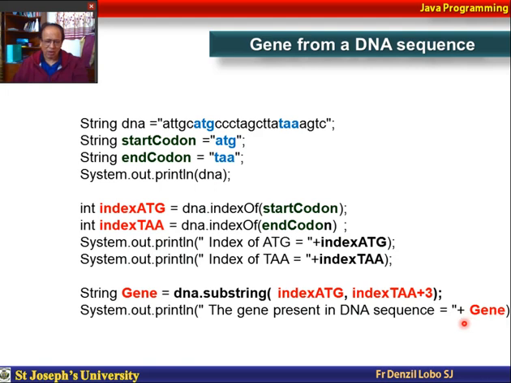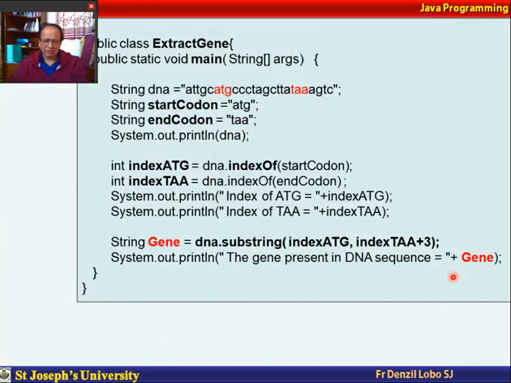So this is how we are going to extract a gene from a DNA sequence. A beautiful example. So now we can write a function like this, method, public class, etc. ExtractGene is my class which I have written. Then in the main program I assign a DNA sequence to DNA.